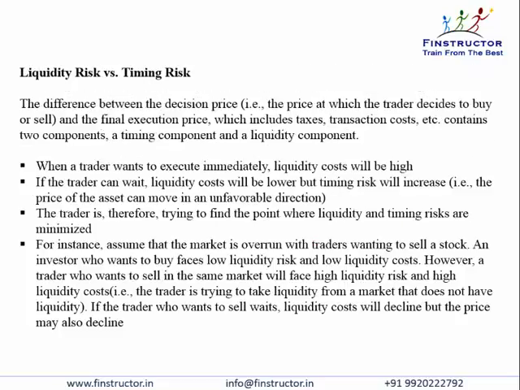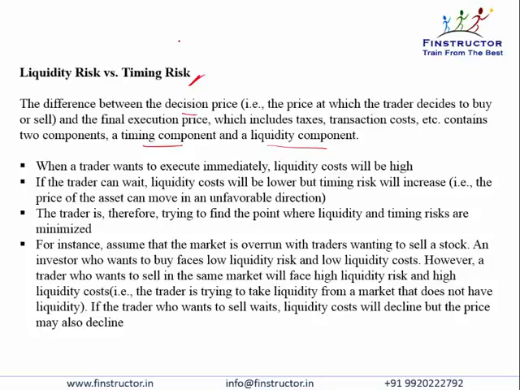So just to highlight the risks in trading, there is generally a trade-off between the liquidity risk and the timing risk. The difference between the decision price, that means the price at which the trader decides to buy or sell, and the final execution price, which includes taxes and transaction costs, contains two components: a timing component and a liquidity component.